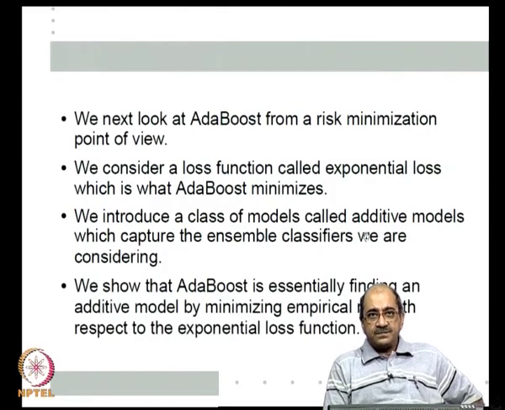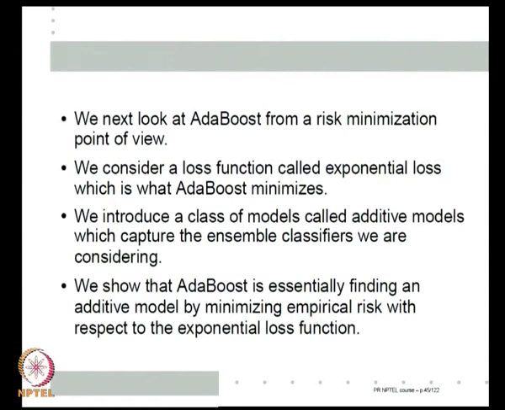Then we show that AdaBoost is essentially finding an additive model by minimizing empirical risk with respect to the exponential loss function. If you think that we are using the exponential loss function and want to minimize empirical risk while searching over this class of additive models, the resulting algorithm looks like AdaBoost.